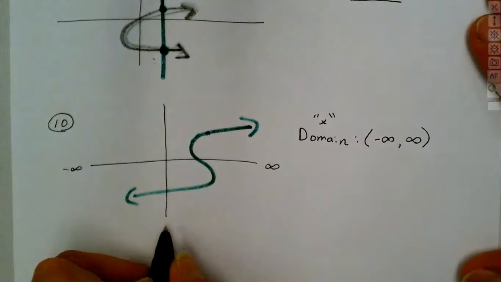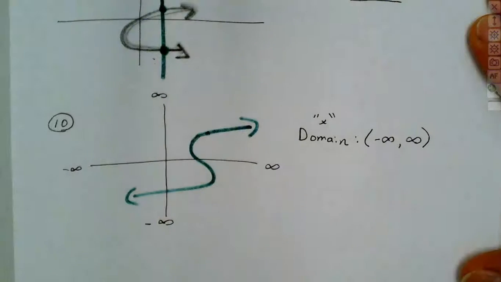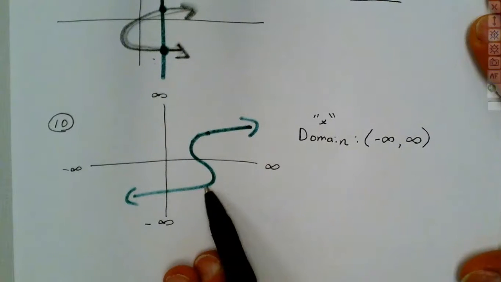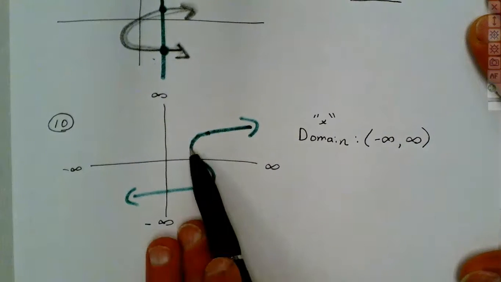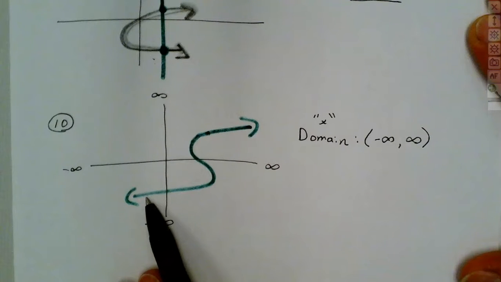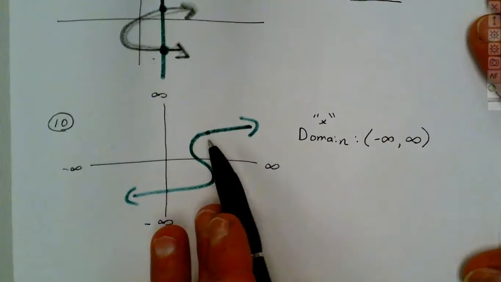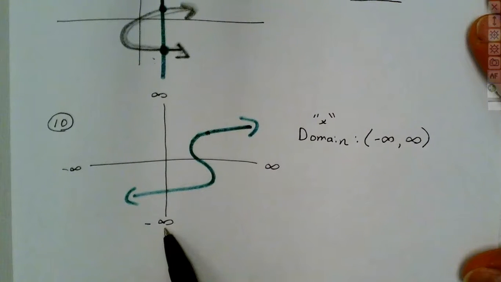Now, what about the range? Well, the range is the up and down part. This arrow means it goes on forever. So if I follow it here, as it goes to the left, it's also going down, isn't it? So it goes down to negative infinity because it would keep going further down.